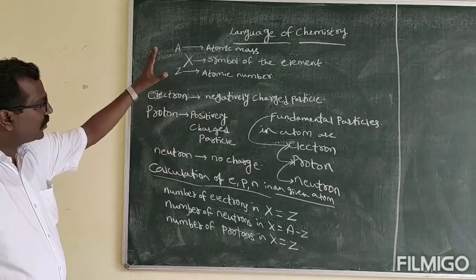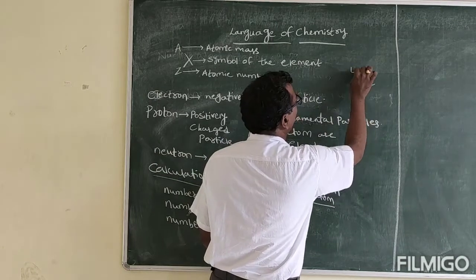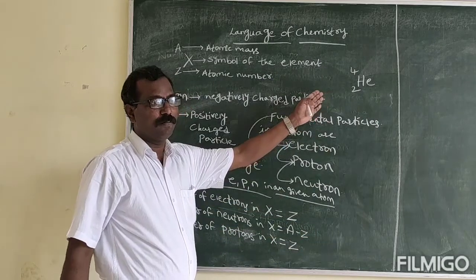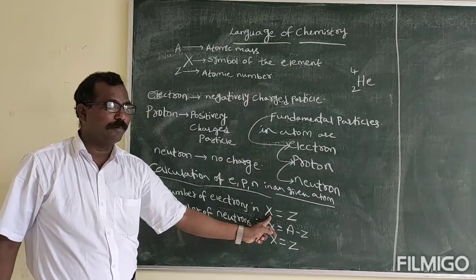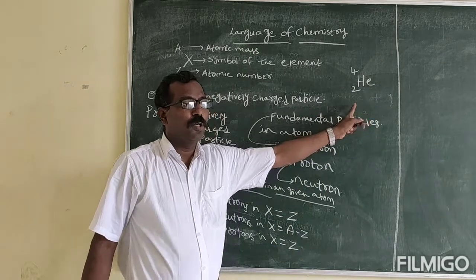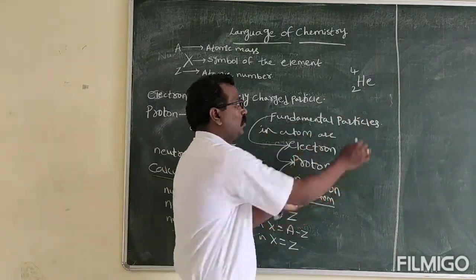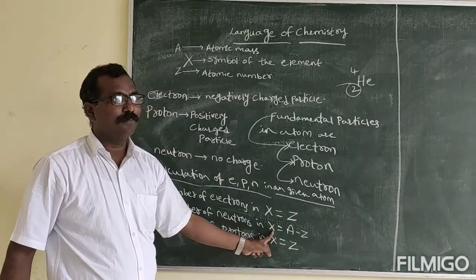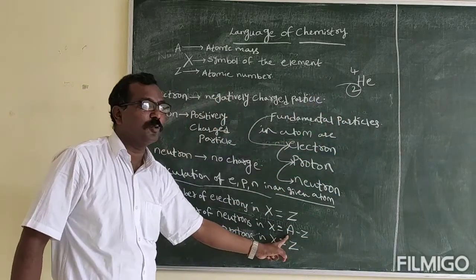Okay. Suppose you have helium 4, 2. How many electrons are present in that? According to this, number of electrons in helium is equal to Z. Z is how much here? 2. So number of electrons in helium is 2. Next, number of neutrons in helium: 4 minus 2, it is 2.